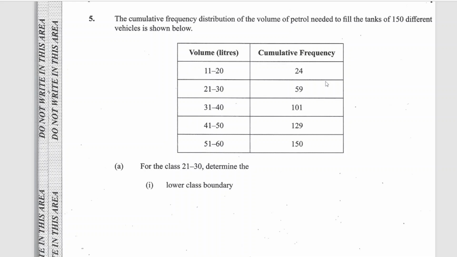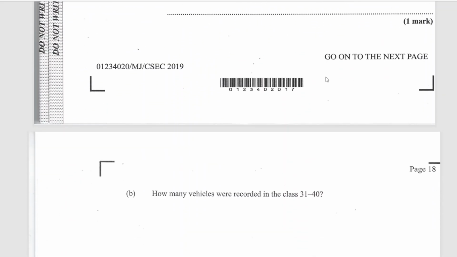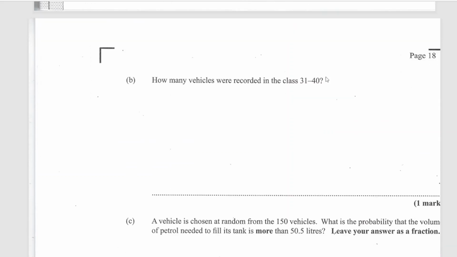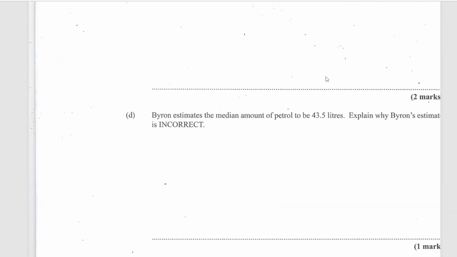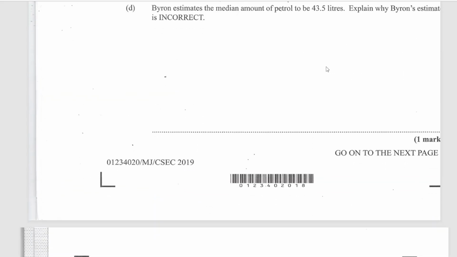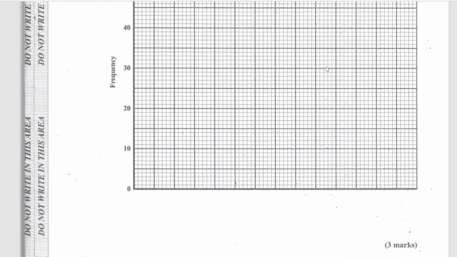So this is where we have boundaries. They ask for boundaries, and they ask for class width, and then they ask for how much is recorded, a probability question, then they ask for median, and then they ask us to represent the histogram, draw a histogram, right?